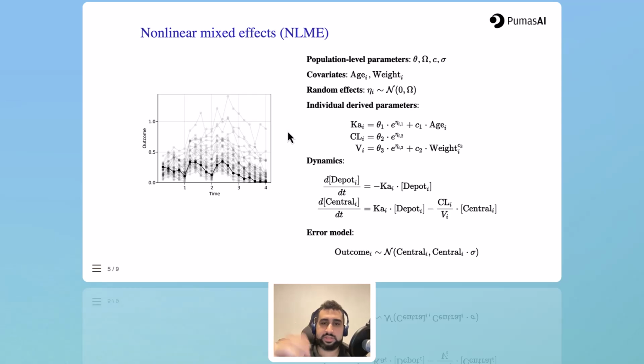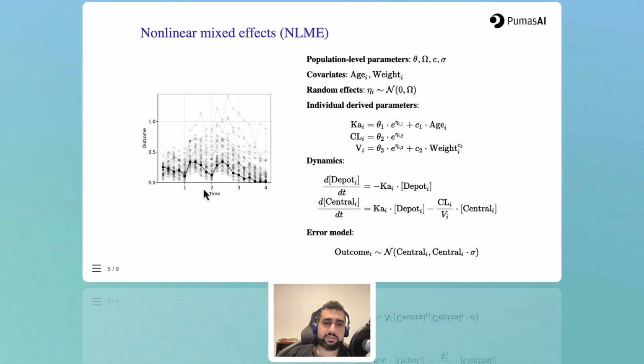What's happening is that we have fundamentally different absorption, clearance, and volume parameters that govern the data generating process. So this whole thing can be called the data generating process, where we assume that the values of eta are sampled from this distribution, and then every subject gets a different eta and gets a different Ka, different Cl, different Vi, etc.